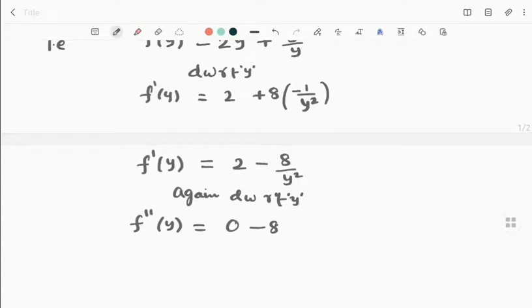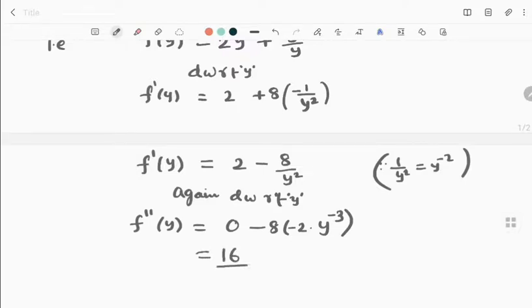So again the x power n formula you can apply, n into x power n minus 1. So minus 2 into y power minus 2 minus 1, that is minus 3. Minus into minus is plus, 16 by y power 3, that is 16 by y cube. This is f double dash of y.